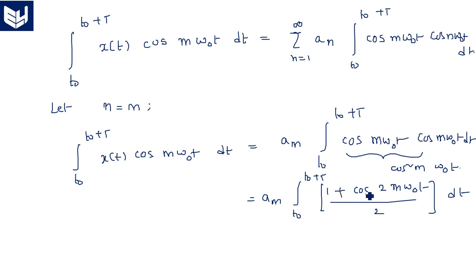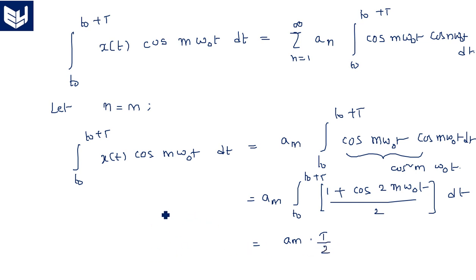Integration of cos becomes sine, and that gives you 0 because you are integrating a signal over a complete cycle. So it is left with am into, after integrating the first term, upper limit minus lower limit, t naught cancels, and it is left with t by 2.